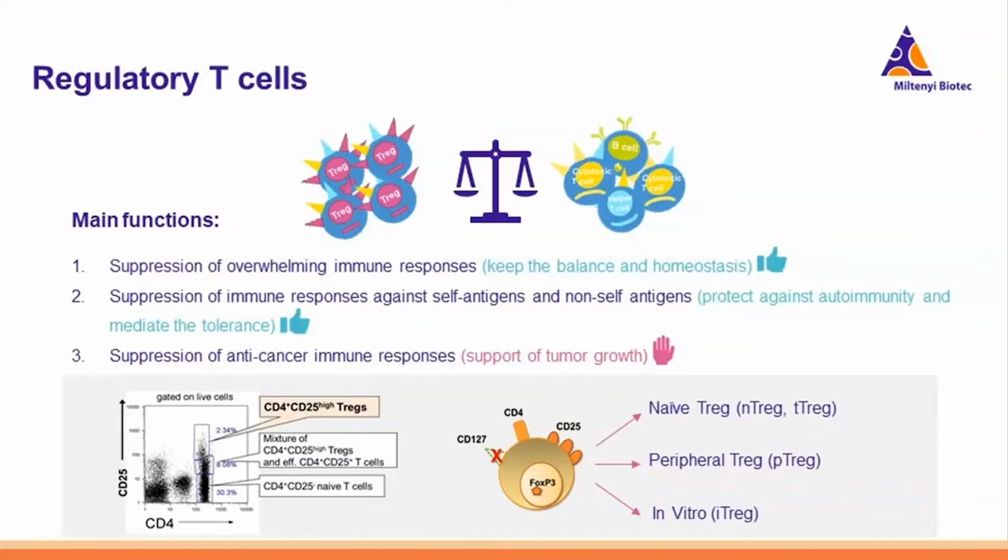Moreover, FOXP3 is an intracellular marker of Tregs, and its expression is somehow a proof of concept for the functionality of the Tregs. Based on their developmental origin, they are classified into naive, peripheral, and in vitro Tregs.